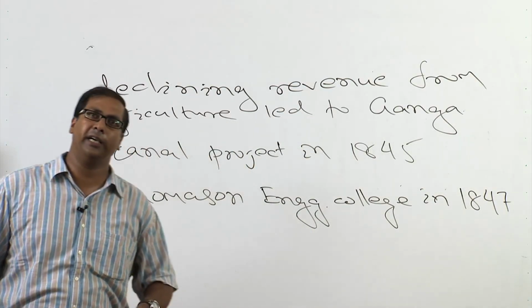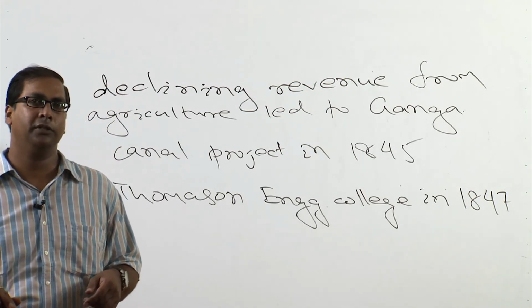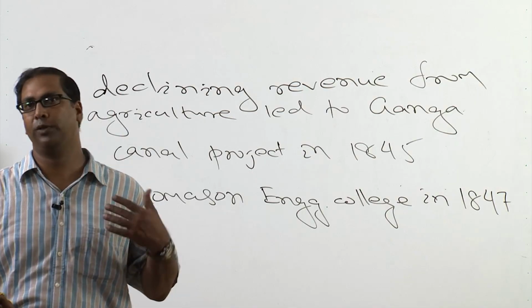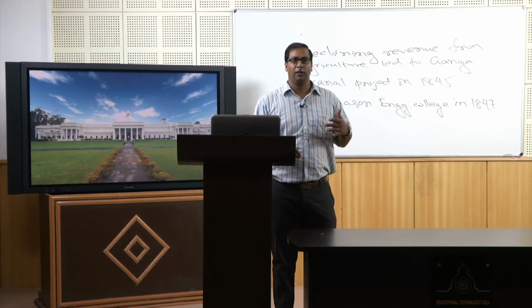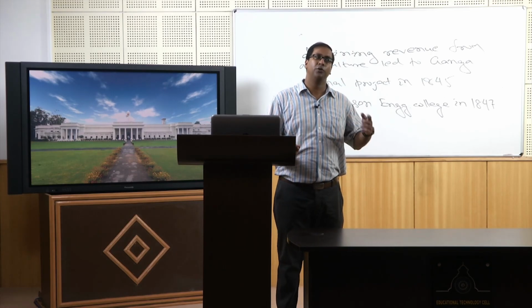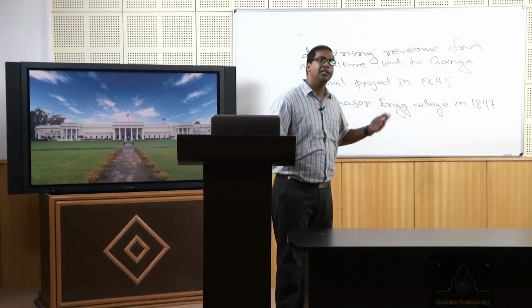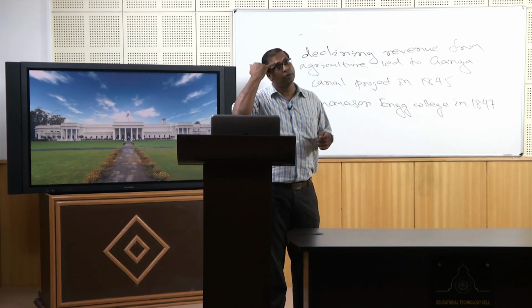So declining revenue from agriculture led them to think that something has to be done to improve the agriculture system, which would lead to more revenue and more profit for the East India Company. Hence, they also introduced the Canal Project.